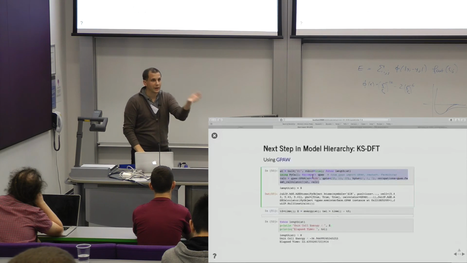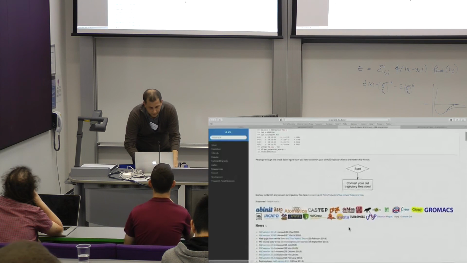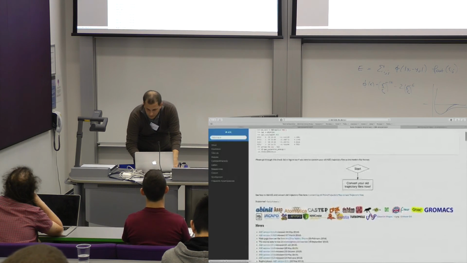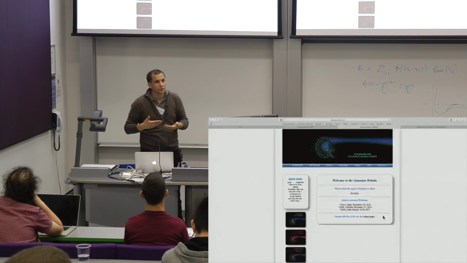If you prefer Gaussian to GPAW, just go to ASE and look up what you really want. GPAW is the one that I used. Here's Gaussian; you can attach Gaussian to ASE.